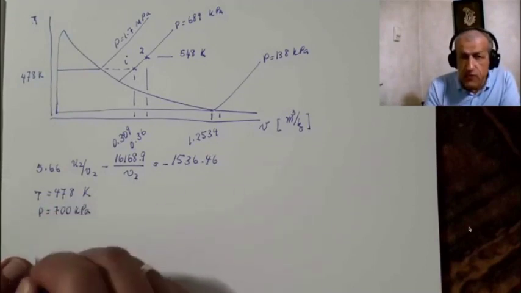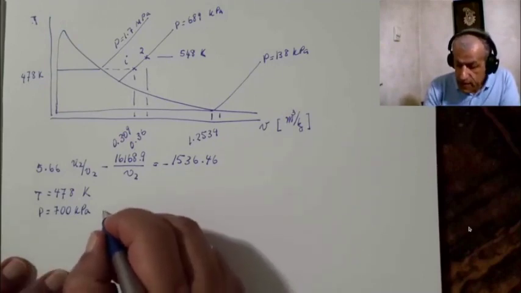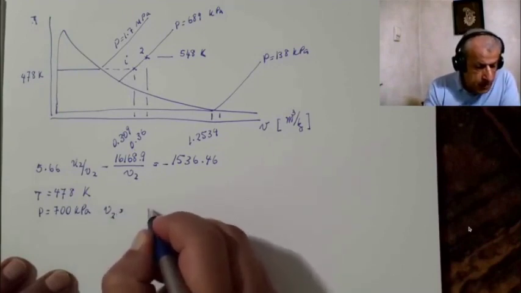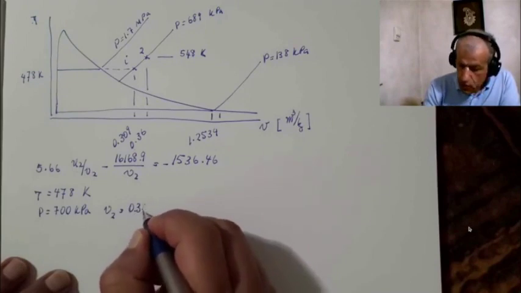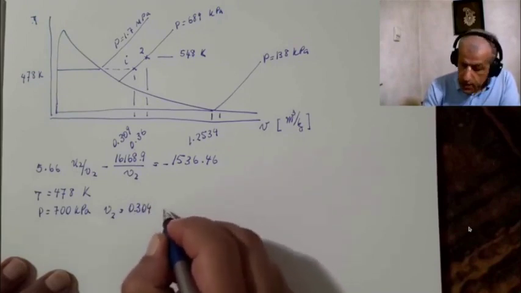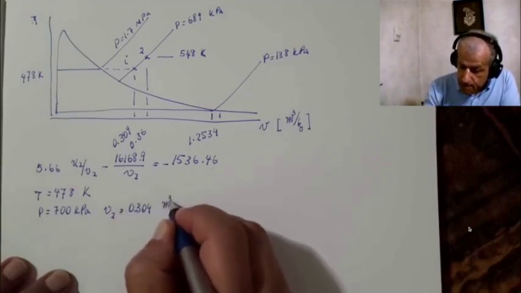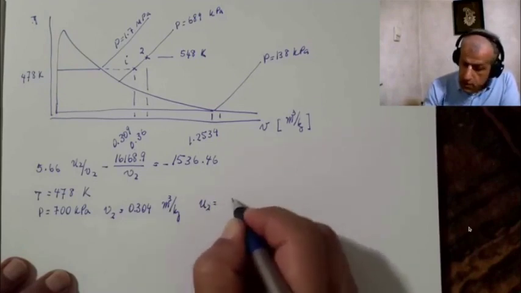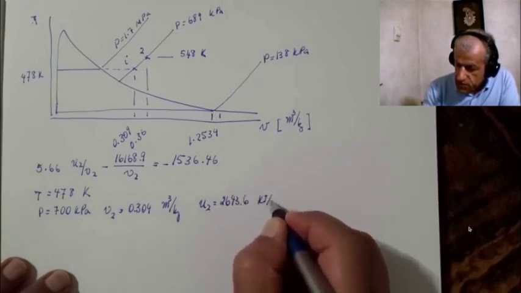And for these two values, we go to tables, and what we get is V2 equals 0.304 cubic meters per kilogram, and U2 equals 2643.6 kilojoules per kilogram.